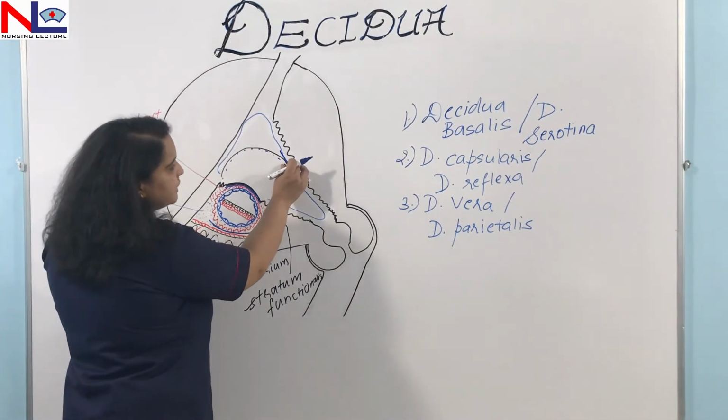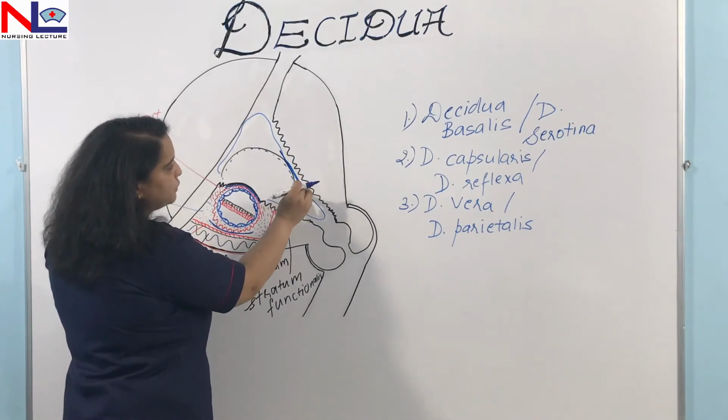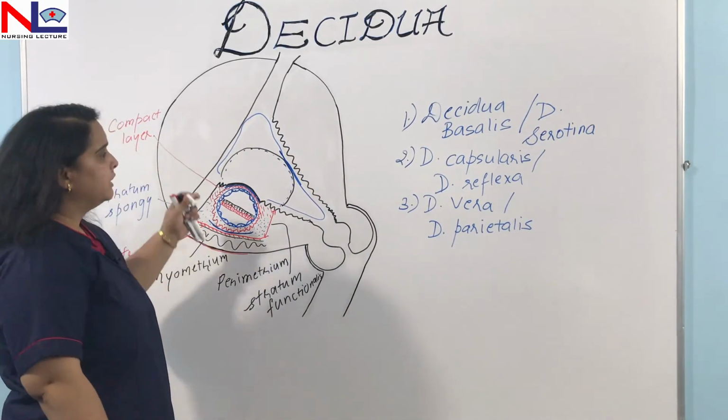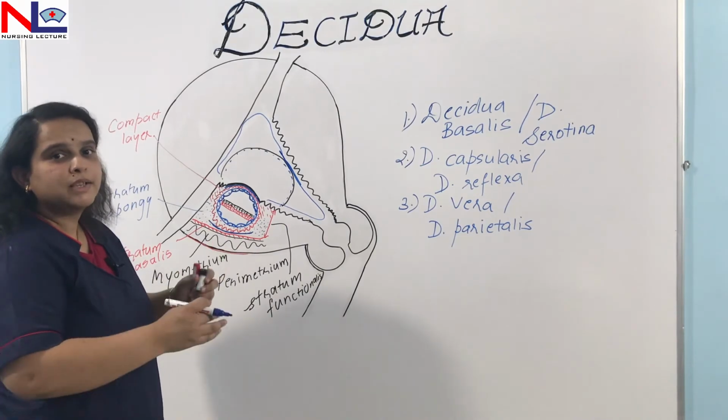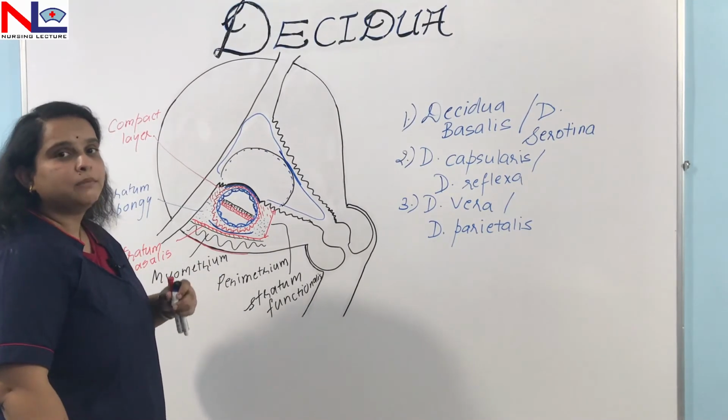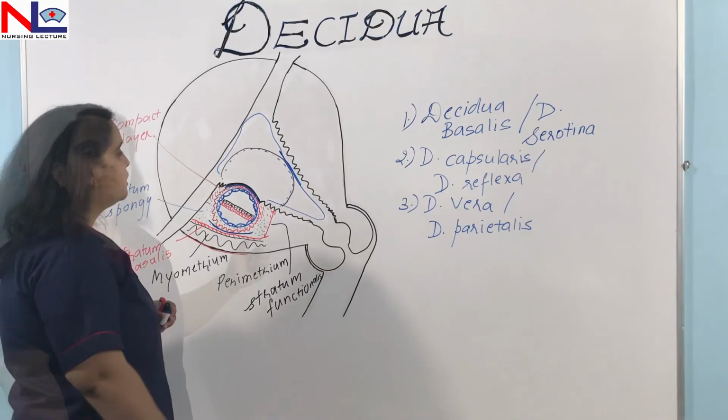So the capsularis and the vera layer become fused together, and by the time both layers mix together, they become atrophied by the growing fetus.